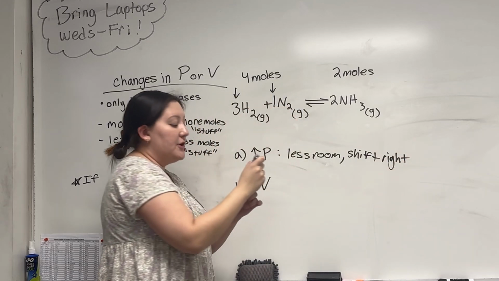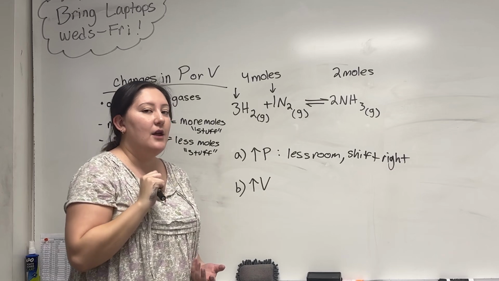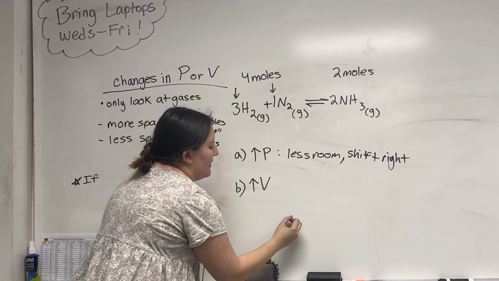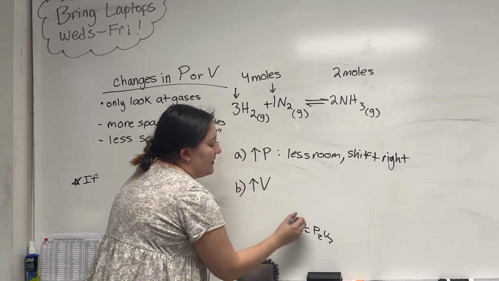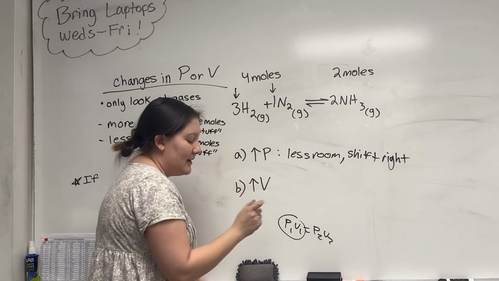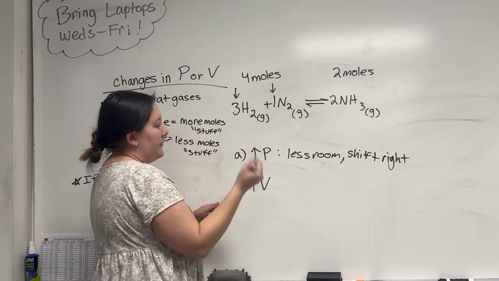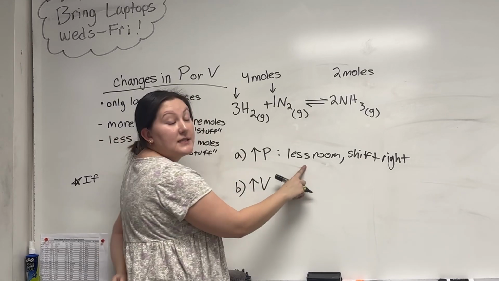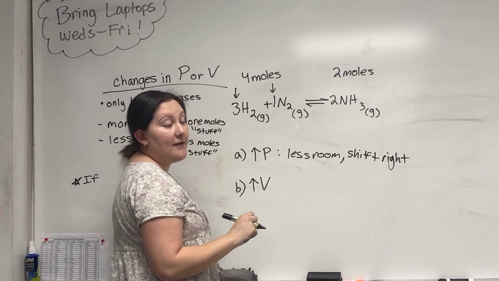So again, I'm increasing pressure. That means I'm decreasing volume at the same time. Remember, we did this whole idea, Boyle's law? So again, if I have less space for stuff, I'm going to shift towards the side with less stuff because I naturally don't have as much room for it.